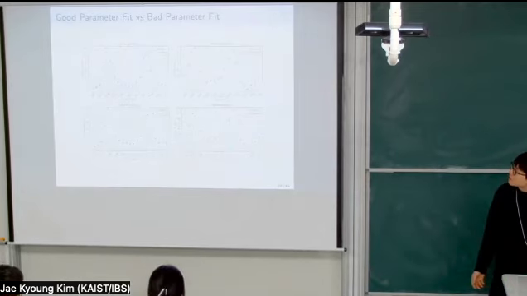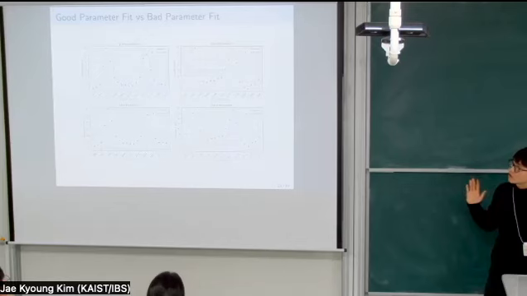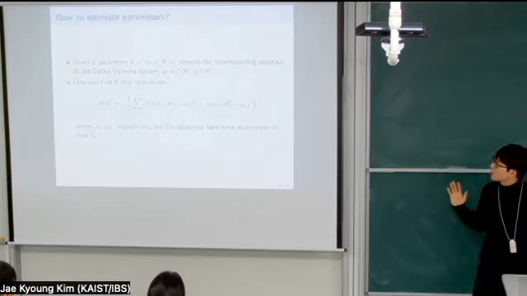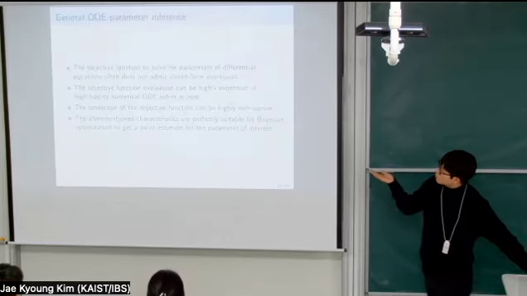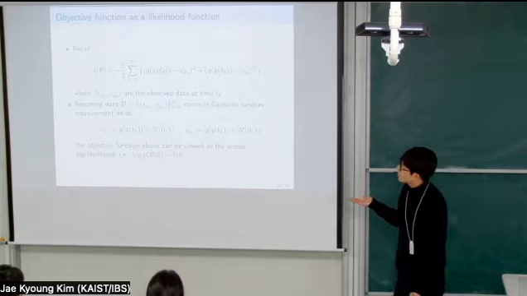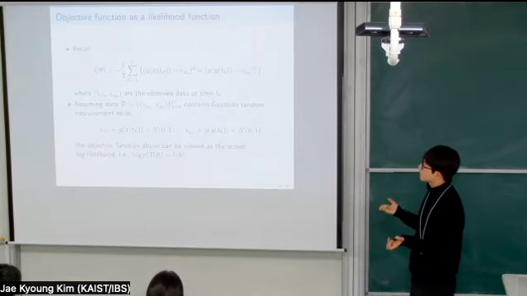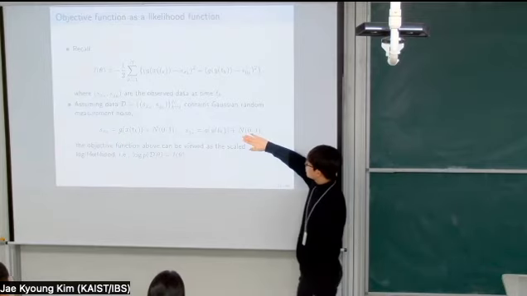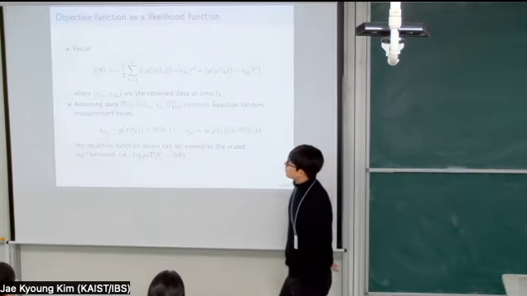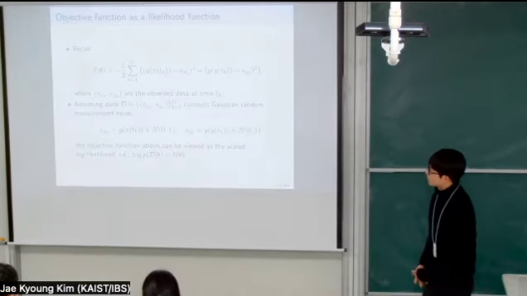You could think of it as Gaussian random error or some other random error, but for this talk, let's just focus on Gaussian random error. If you impose such an assumption, you can actually get what's known as the likelihood function, because this random error is going to induce the distribution of the data.